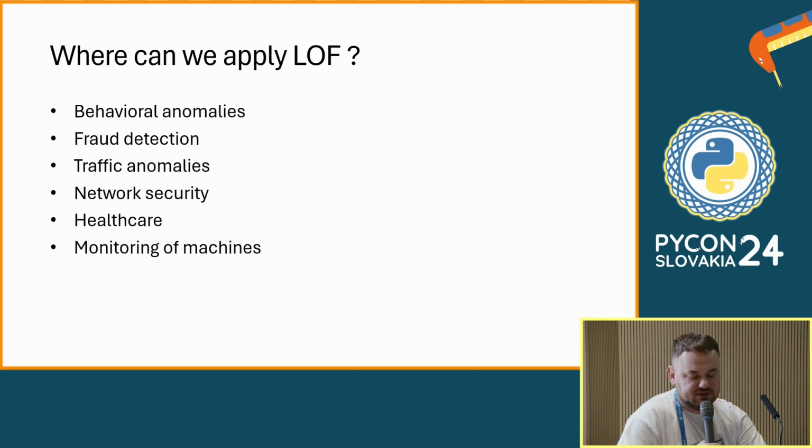That's quite important. If you are using it in fraud detection, then we have faulty emails or bank frauds. That's also used there, but there is a little bit more complex data pre-processing behind it than looking at data points on a 2D grid. Also in traffic anomalies, network security, where we have a different amount of data logs per time.